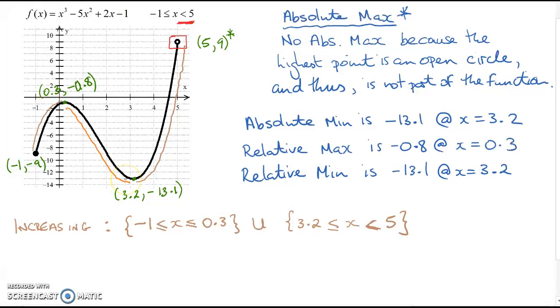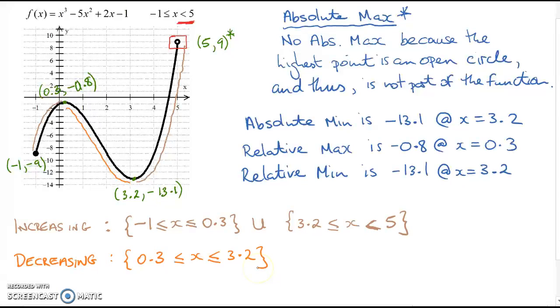So there's nothing new there, but for the sake of completion, we'll just finish it off. So the graph begins decreasing when x is 0.3. It's less than or equal to x is less than or equal to 3.2.